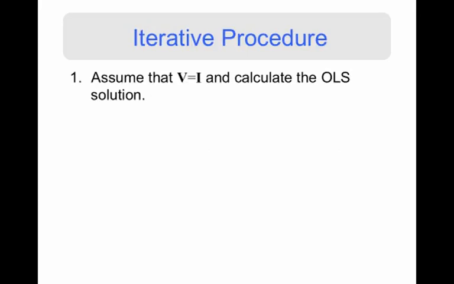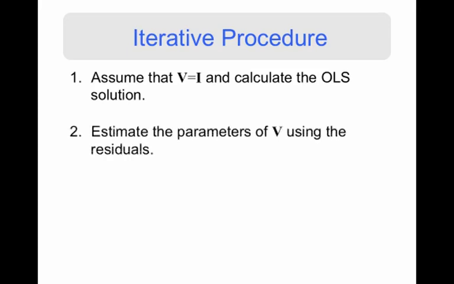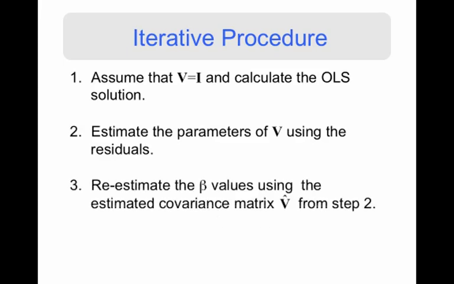The iterative procedure that we use to solve this problem takes the following format. We begin by assuming that V is the identity matrix, so that there's no autocorrelation between adjacent time points, and we compute the ordinary least squares solution. Now we estimate the parameters of V using the residuals of this model, and then we re-estimate the beta values using the estimated covariance matrix from step 2, which is V hat now.